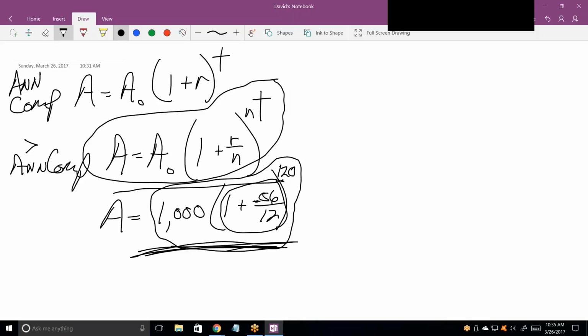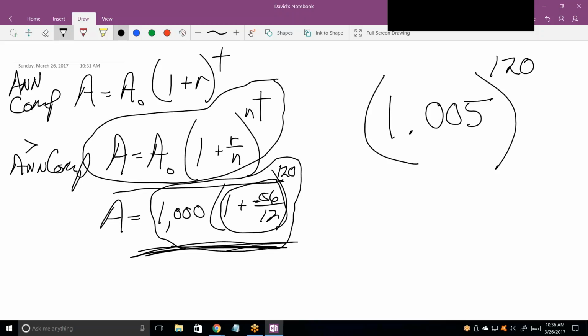Do you have your calculator in front of you? Yeah. Give me a number for 1 plus 0.06 divided by 12. Okay. It's 1.00 something. 1.005. Okay. So that's what you're taking to the 120th power. Now do that.